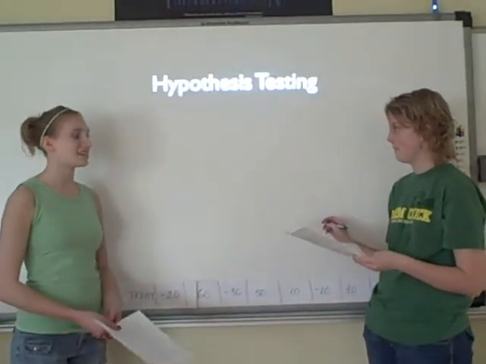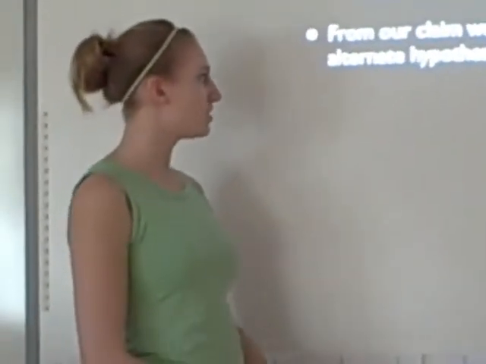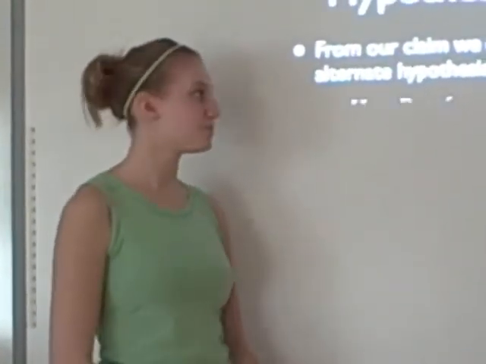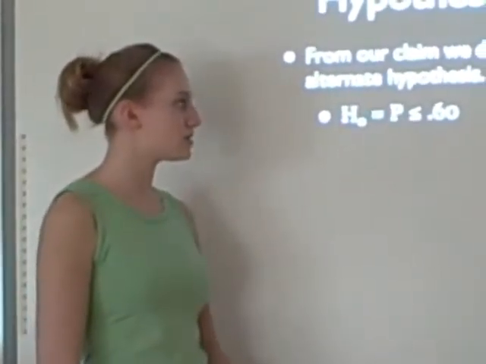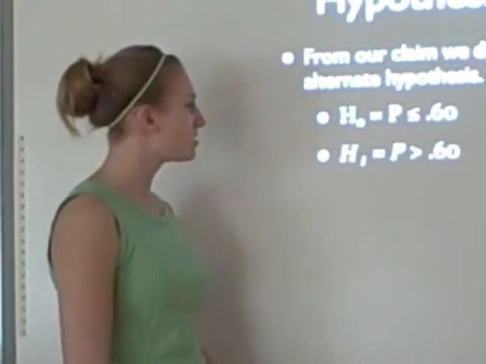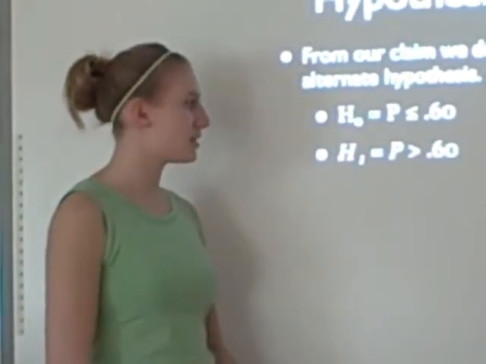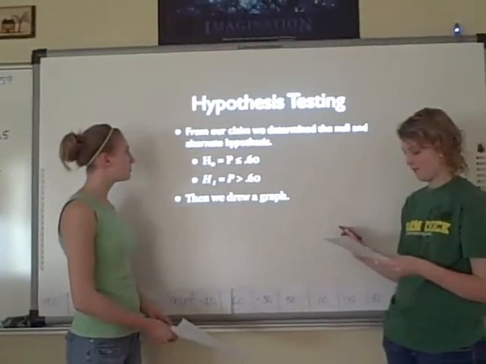So for hypothesis testing, for our claim we determined the null and the alternate hypothesis. Our null was p is less than or equal to 0.60, which would be 60%. And our alternate would be p is greater than 0.60. Then we drew a graph.